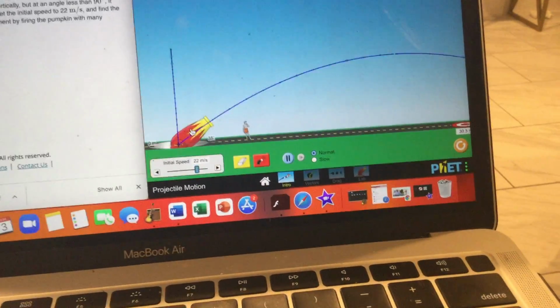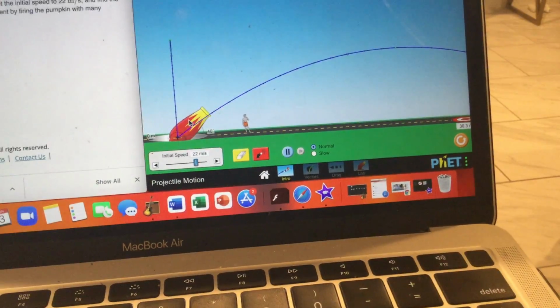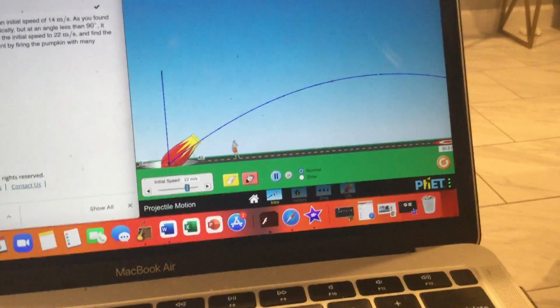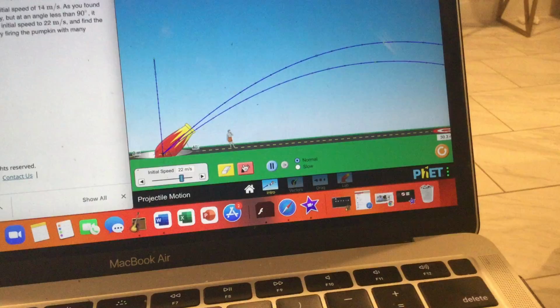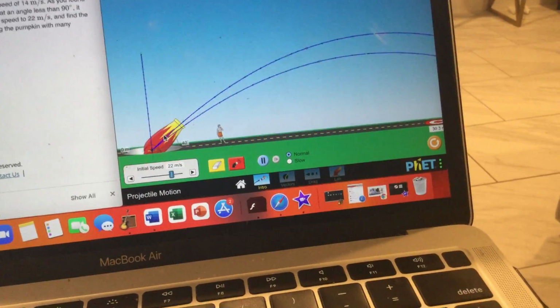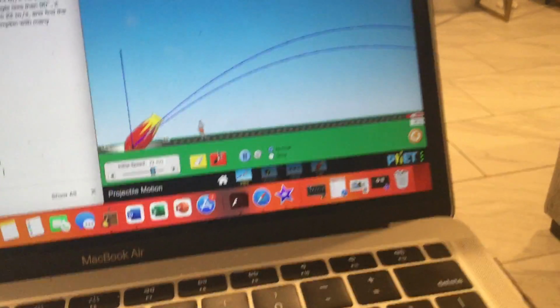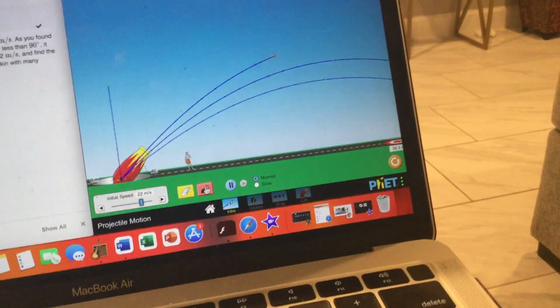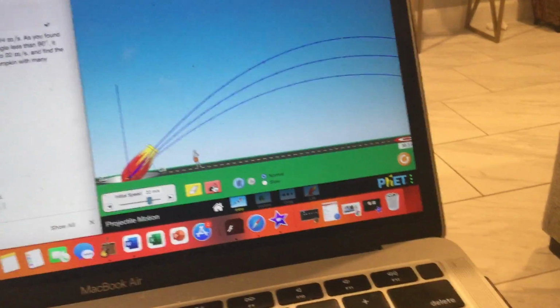We'll try 40. 40 is really close. That looks like it reaches the maximum height. We'll try 45 for the heck of it. 45 is way over the maximum height.